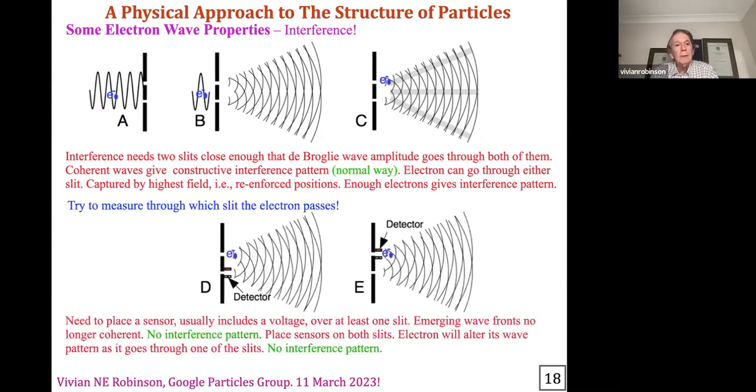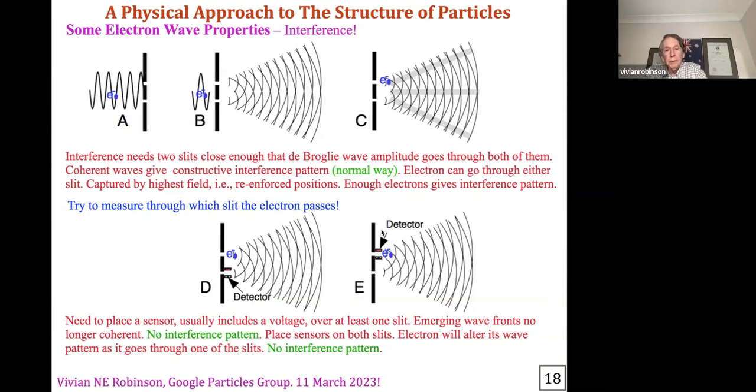But what happens when you try to measure through which slit the electron passes? Well, in order to do that, you have to place a sensor over one of them, which usually includes a voltage. Now, placing a voltage over one and not over another will put the phases of the same electromagnetic wave out of phase, so you won't get an interference pattern.